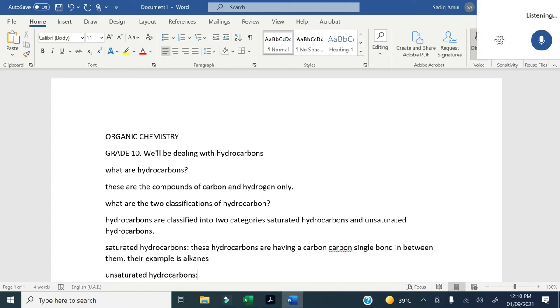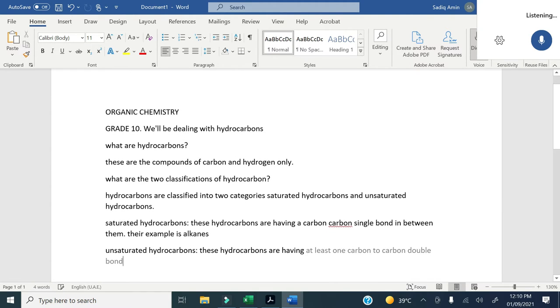These hydrocarbons have at least one carbon-to-carbon double bond or one carbon-to-carbon triple bond. Their examples are alkenes having double bonds and alkynes having triple bonds.